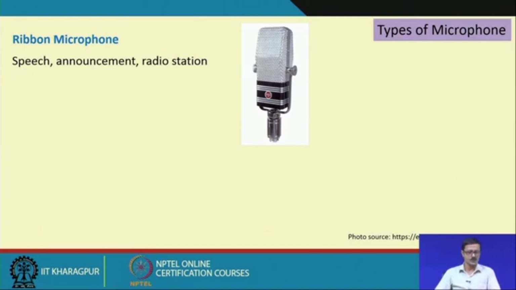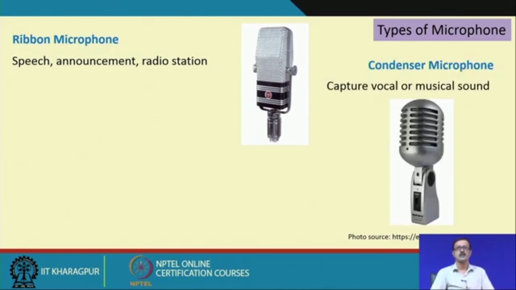Radio stations also use the ribbon microphone, as do announcements in railway stations or airports. Then the condenser microphone, which is also an older version, has a very wide range of directivity, and it captures vocals and music from different areas. If you have seen a musical performance on a stage in an auditorium, a condenser microphone is given to each vocalist or musical instrument, and it captures the sound from them.